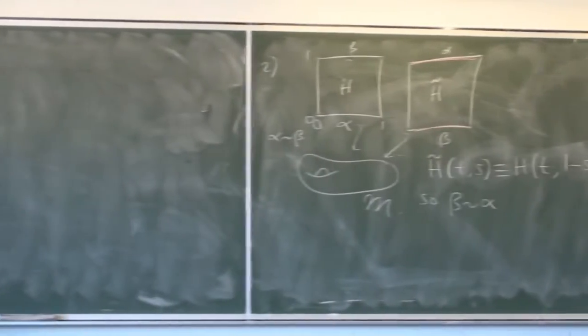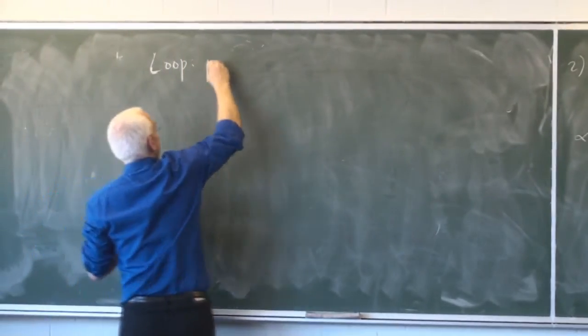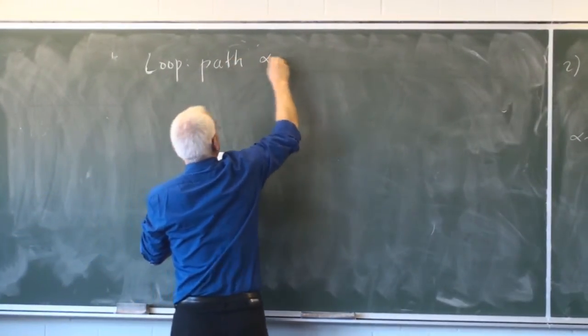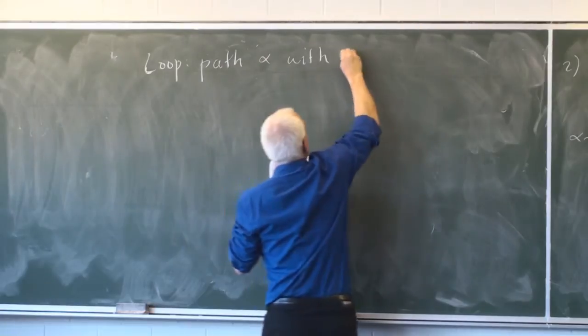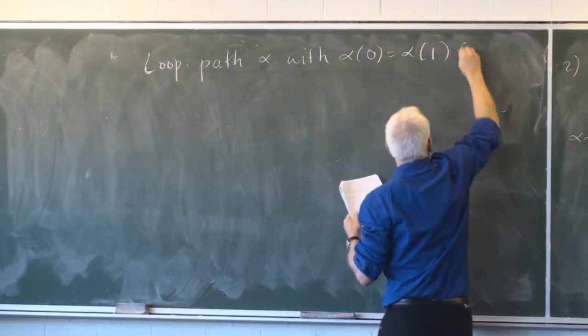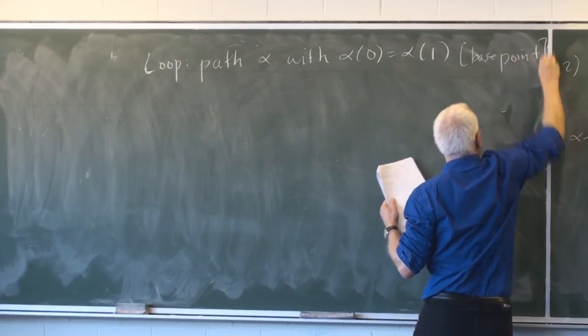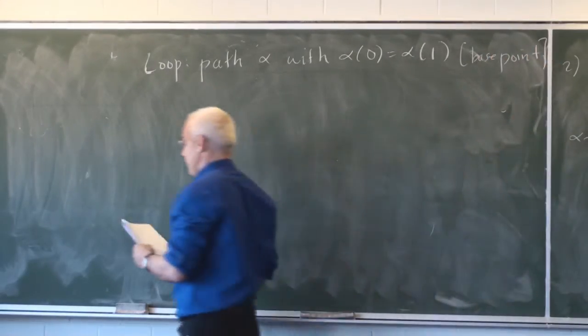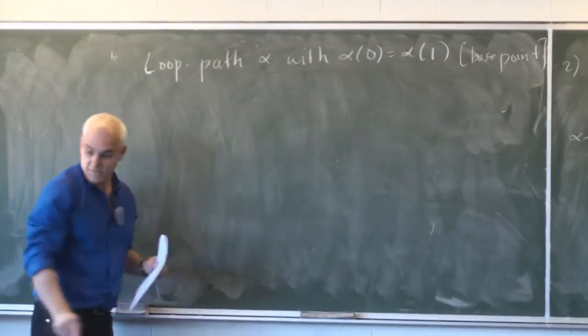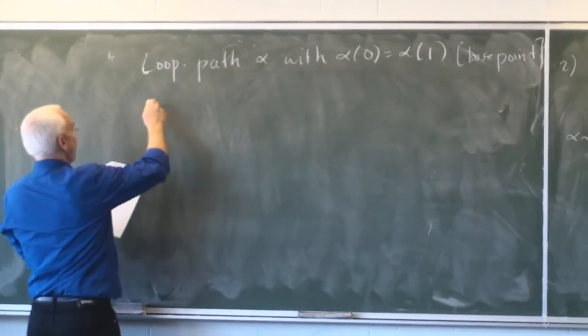All right, so we already said that a loop is a path alpha with alpha 0 equals alpha 1. And that might be called the base point of the loop. It starts and ends at the same point. And there's a very special case of this, which is very simple.